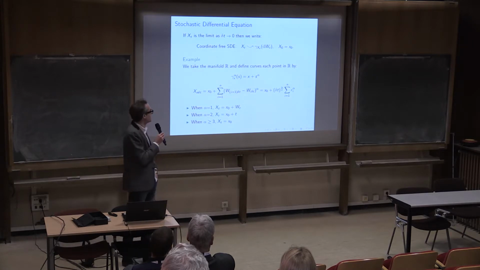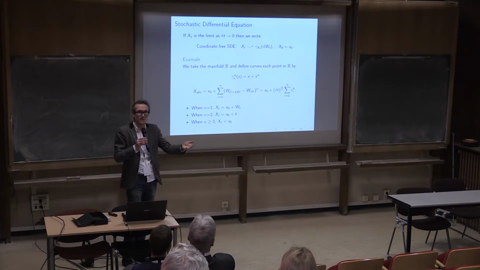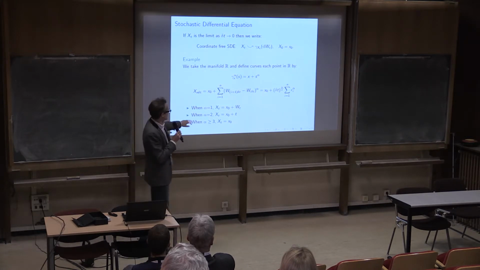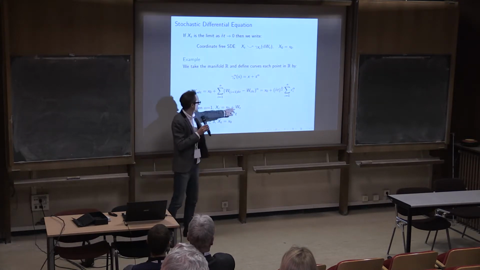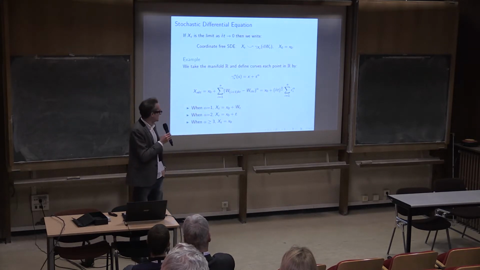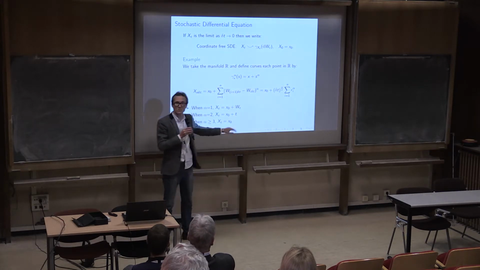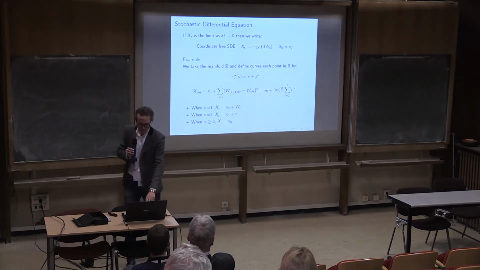So what we see is that in the case of powers, if we look at the Taylor series for our curves, the first two terms are going to have some impact. The first term is going to give us something that looks a lot like Brownian motion locally. The second term is going to give us something that looks deterministic, and all higher order terms will vanish.